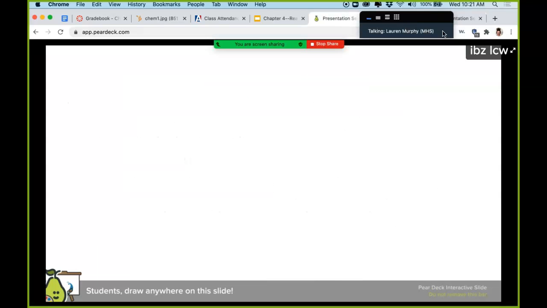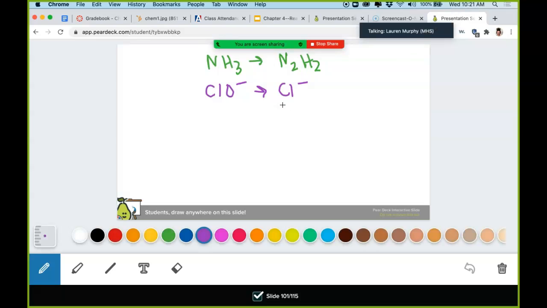Yep. Okay. So the first thing you do is you balance all elements that are not hydrogen or oxygen. So in this case, that would be the chlorines and nitrogens. So I have 2 nitrogens over here, so I have to put a 2 over here. The next thing you balance are oxygens. There's no oxygens, so I don't have to balance that. The next thing you have to balance are hydrogens.